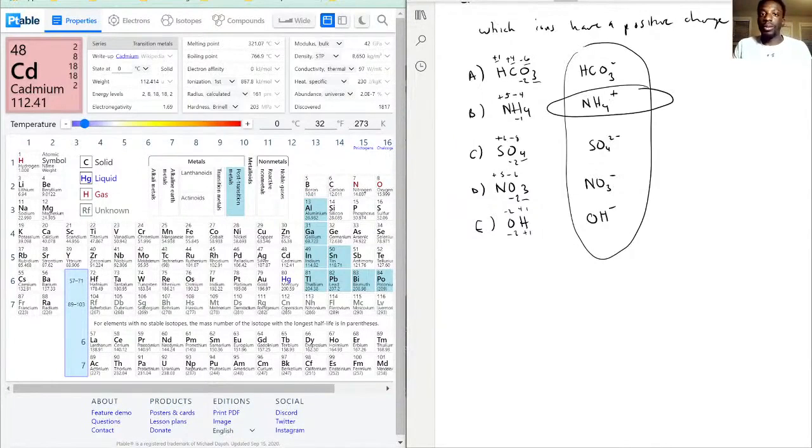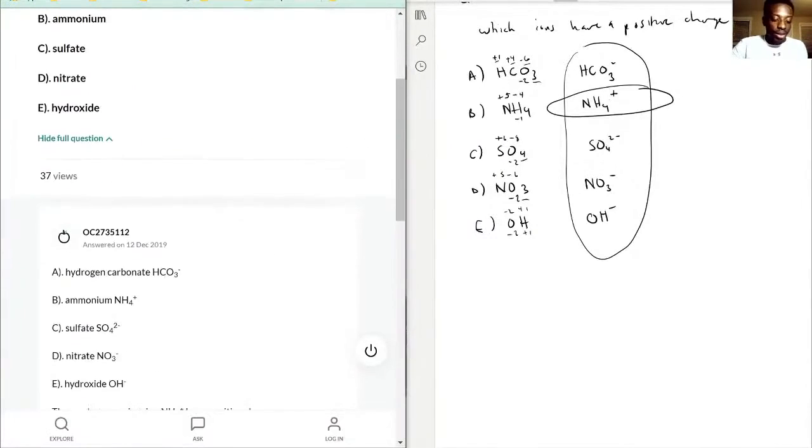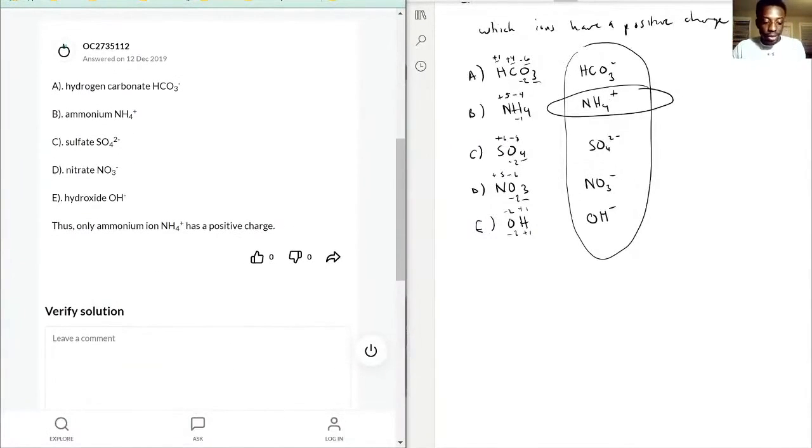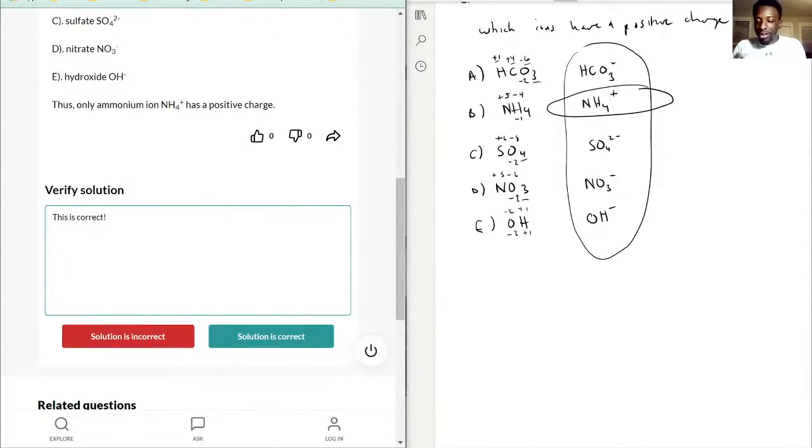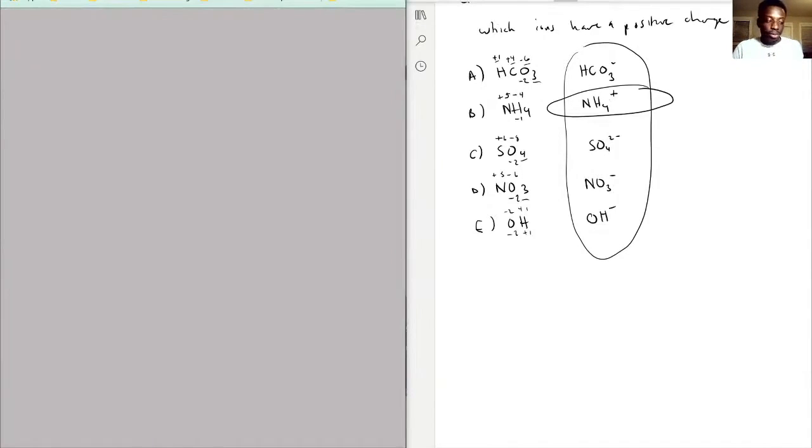We could have just skipped to the part where we said it's ammonium because we know what the names are, but this kind of charge distribution helps you figure out which one is actually the positive polyatomic ion. So this is correct, but it doesn't really explain how, which is why I wanted to break it down in terms of the numbering in this case.